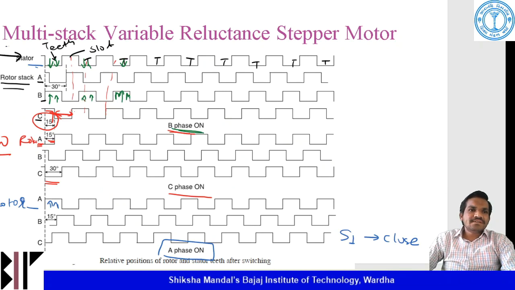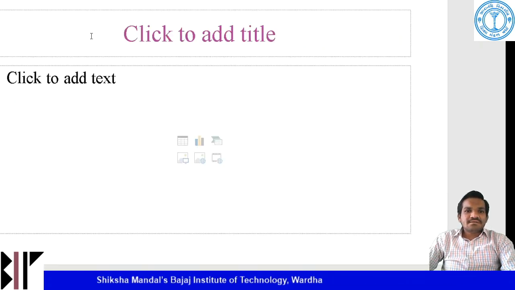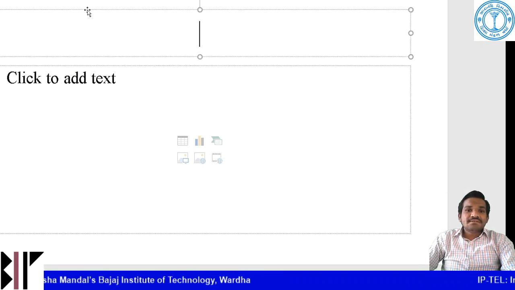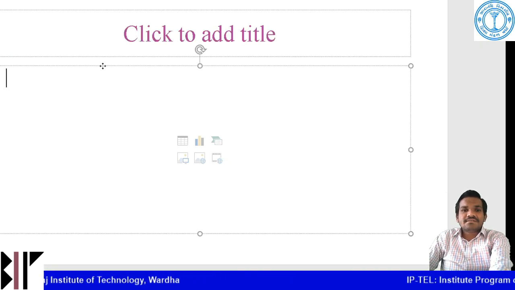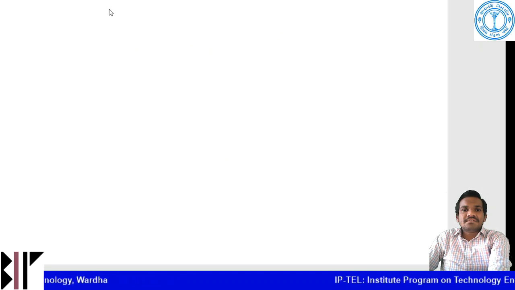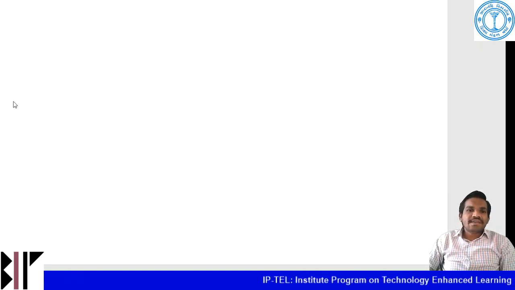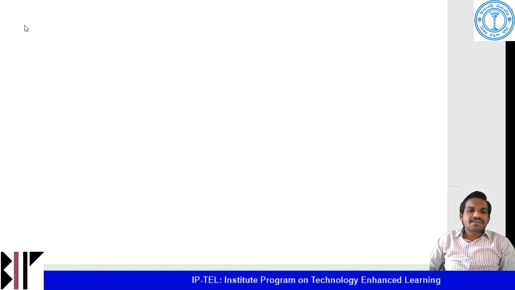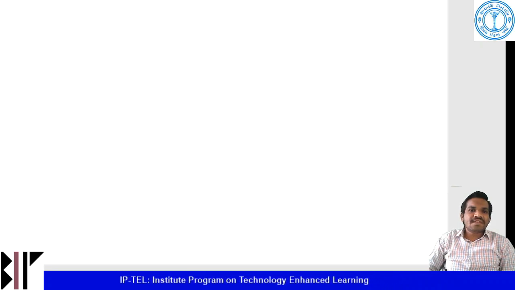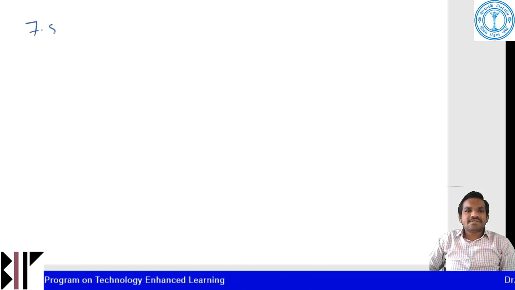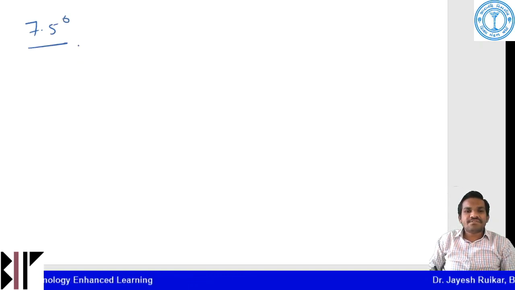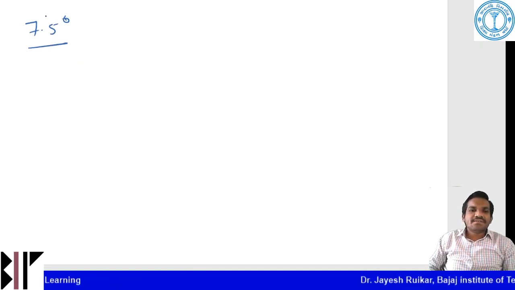For this particular diagram, you may consider another displacement. What you have to understand is, if you have 10 degree, or let us say 7.5 degree of rotation, then what happens?